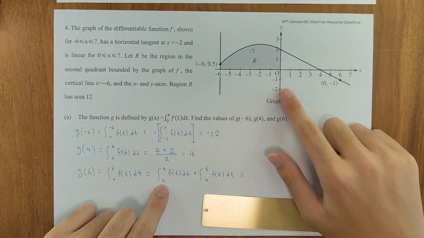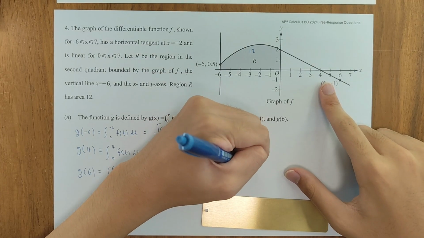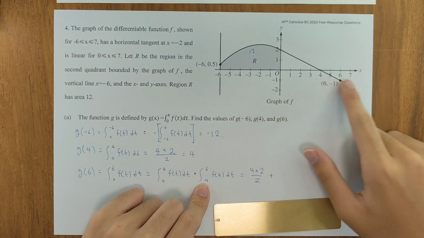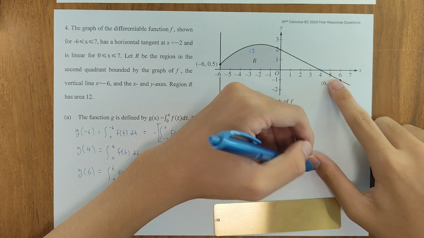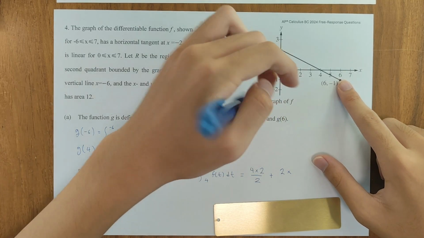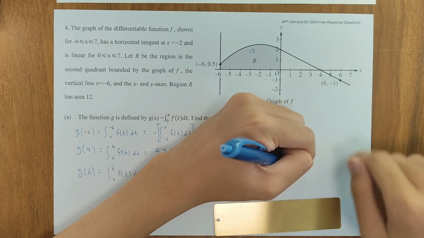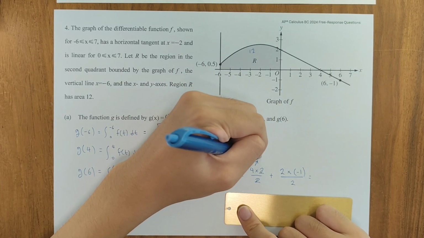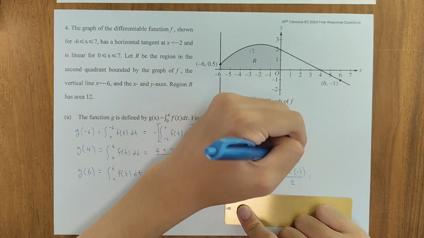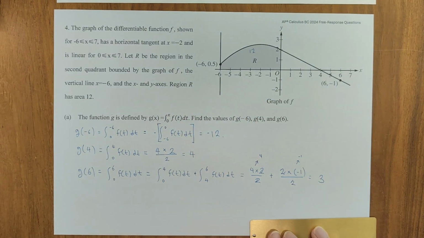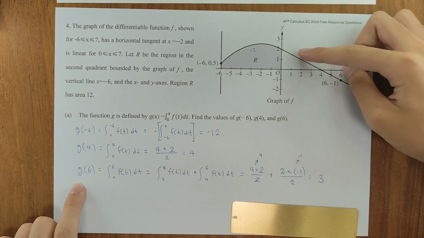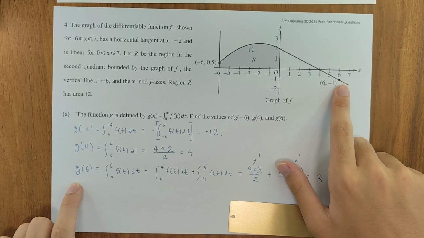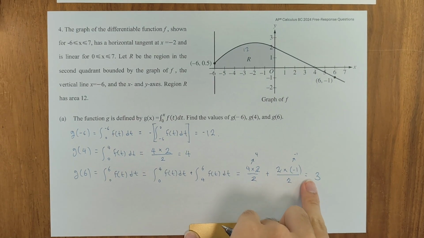So 0 to 4 is still 4, which is 4 times 2 over 2. The area from 4 to 6 has a base of 2 and a height of -1 over 2, so this is 4 and this is -1. So 4 minus 1 equals 3. So the area under f from x equals 0 to x equals 6 is g(6), which equals 3.